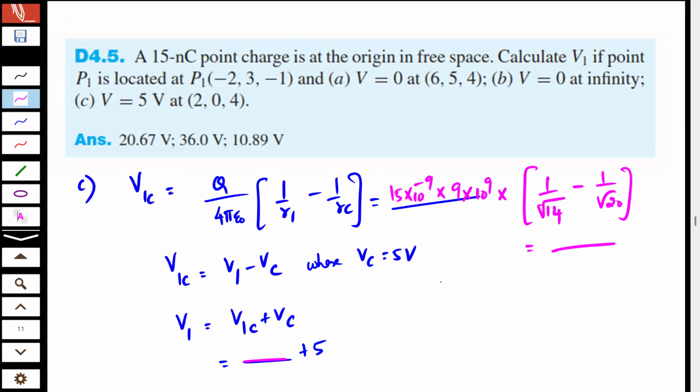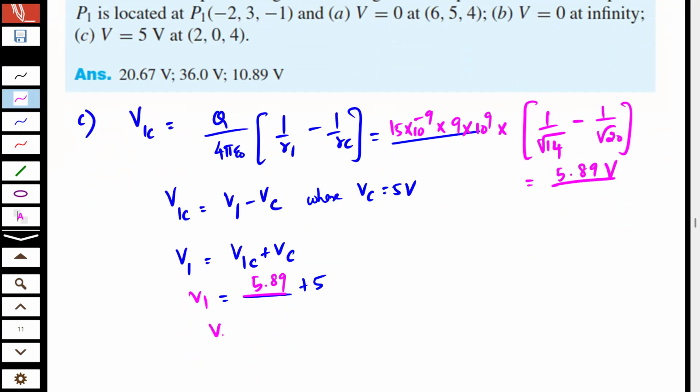So you will be getting this answer as 5.89 volts, and adding that with 5, you will be getting potential at point 1 as 10.89 volts. So this is the answer for the third subdivision.